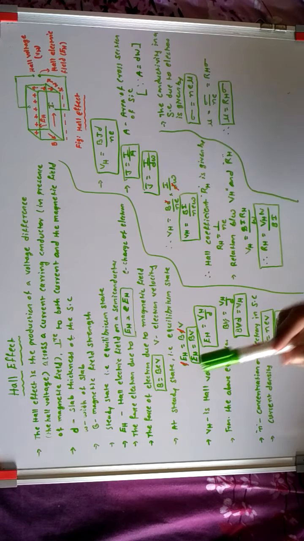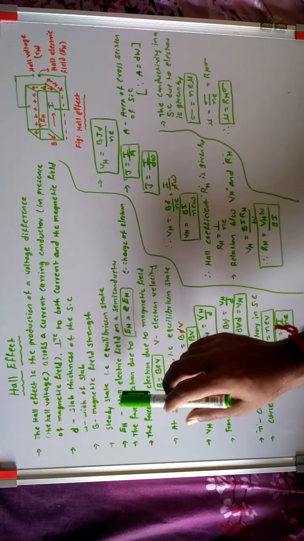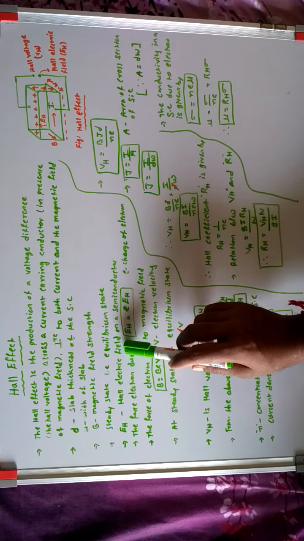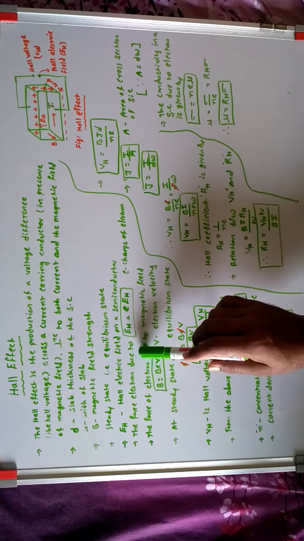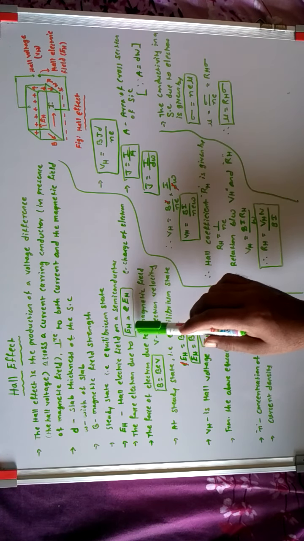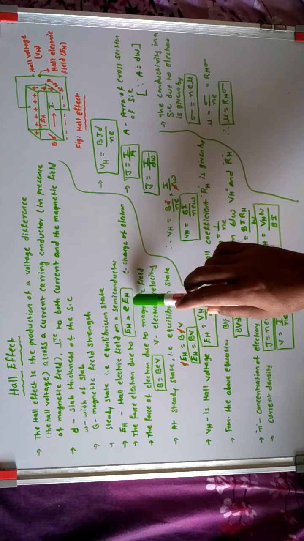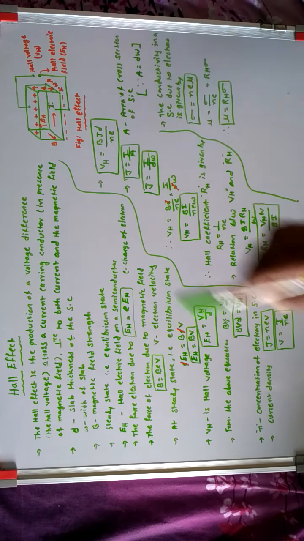Suppose EH is the Hall electric field in the semiconductor. The force on an electron due to the Hall electric field is e EH, where e is the charge of the electron.